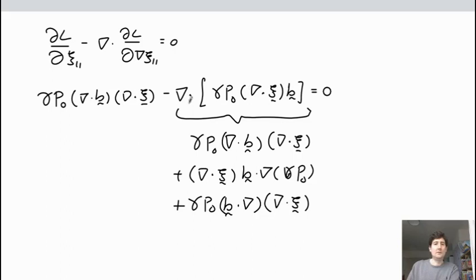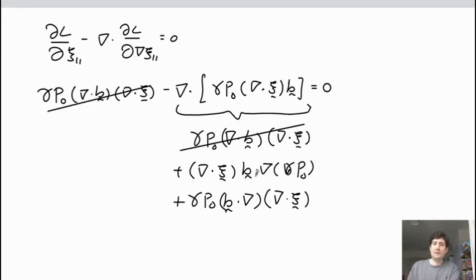Okay, so then the left hand side obviously has this term here, and that obviously cancels with this term here. So this first term cancels with that one. This term here we have a B dot grad pressure naught, so equilibrium pressure.